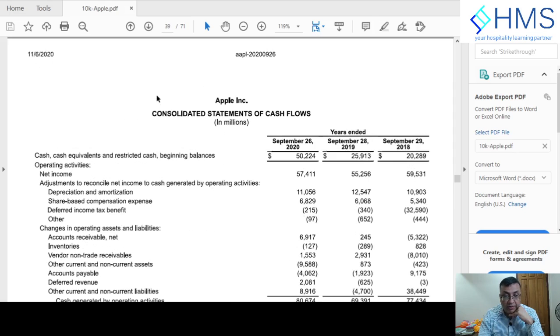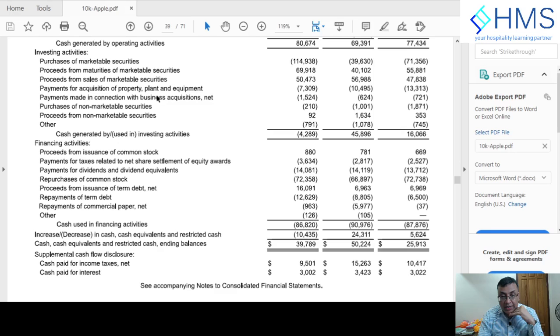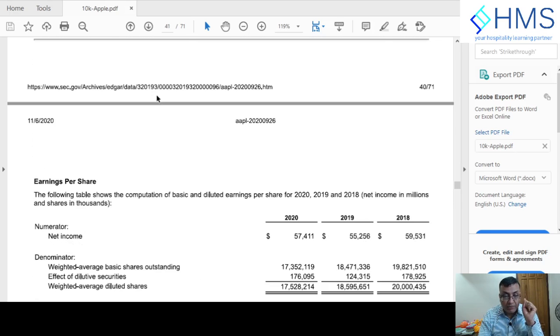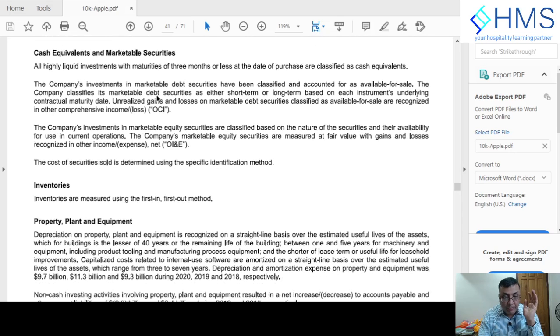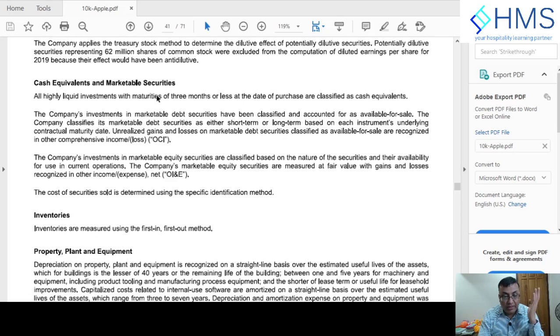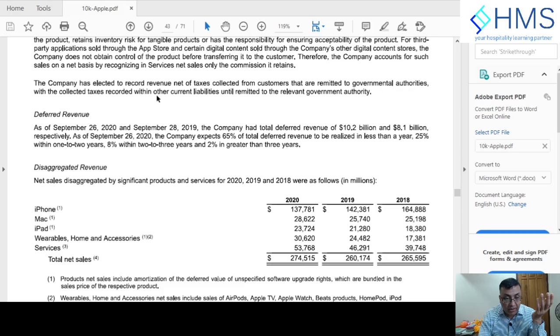So here you have the balance sheet and the statement of cash flows. We will look at the cash flow in the next video. For the time being, let's look at the balance sheet items. Here the company has explained what the cash and cash marketable securities are, the inventory, property, plant and equipment, non-marketable securities.